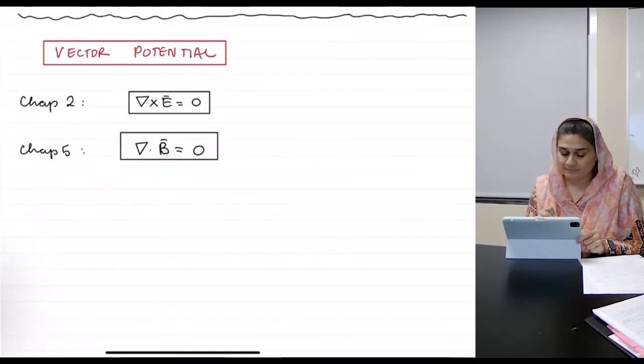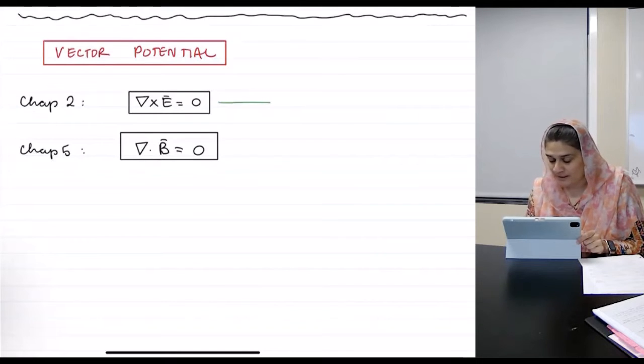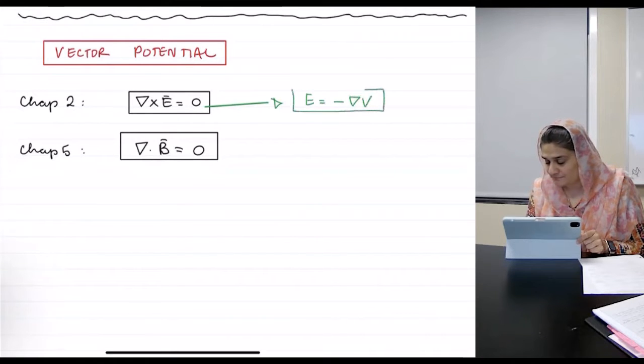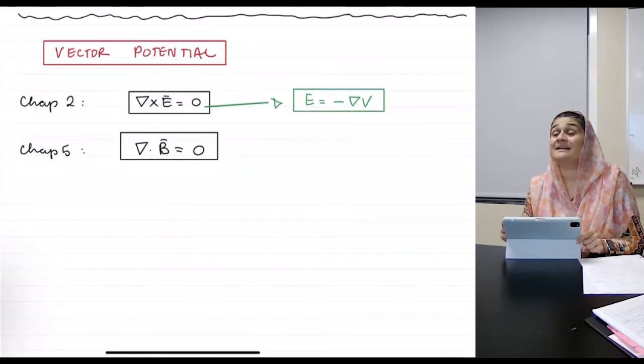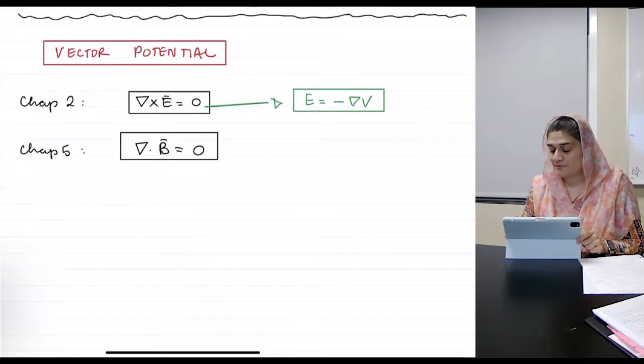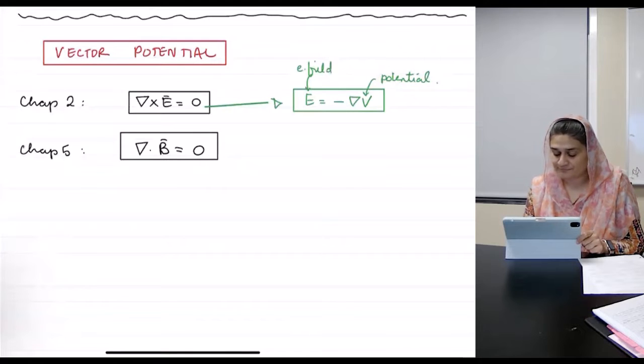So in here, we introduced E as minus del V, where we called E the electric field and V the potential, correct? So V was potential, and E was the electric field.